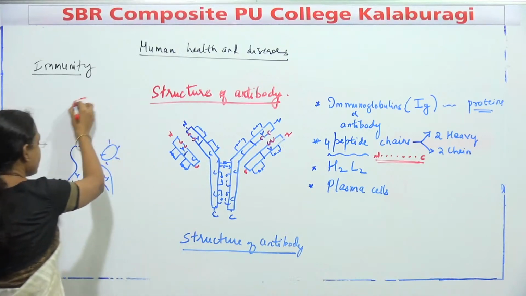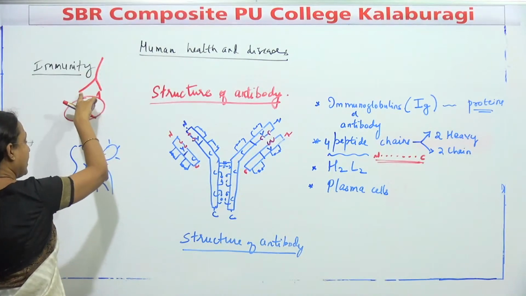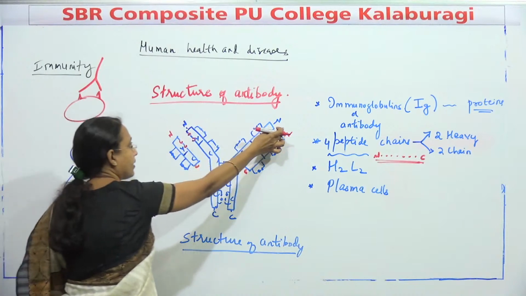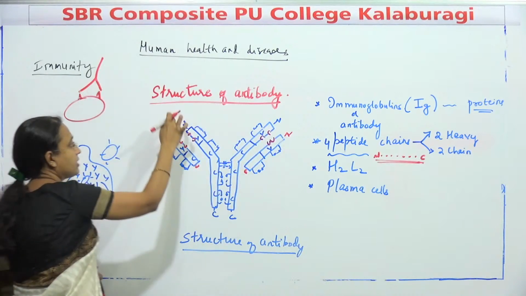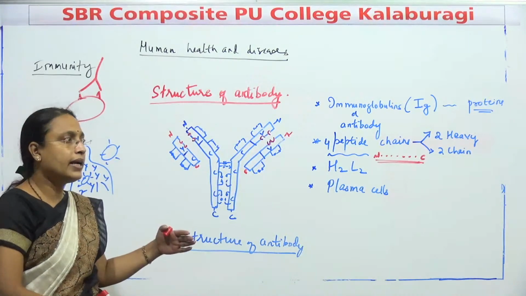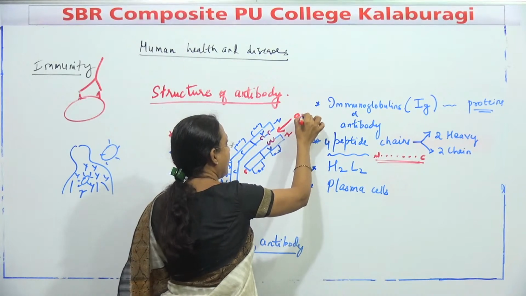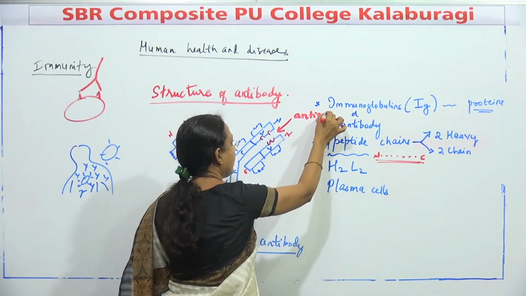Suppose this is an antigen, the antibody will be binding at this particular site. The antibody will bind to the antigen in these two sites. Now what are these sites called? Antigen binding sites.